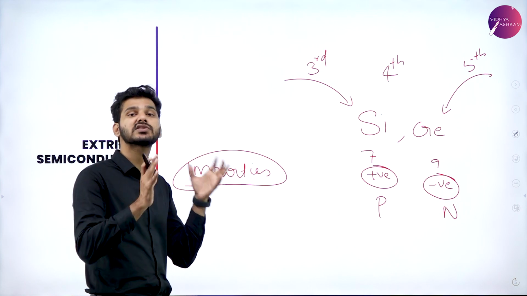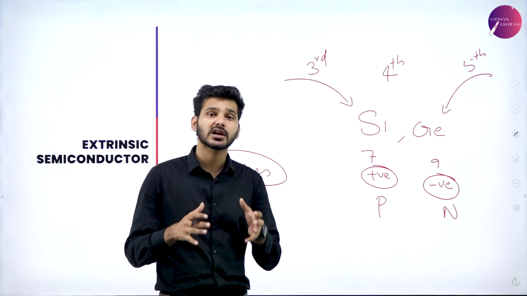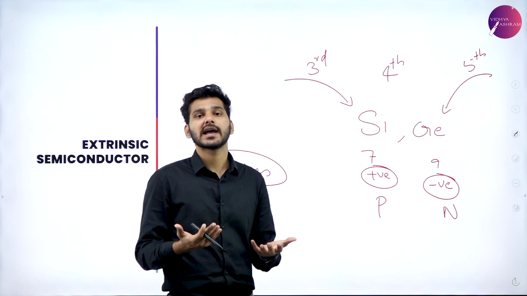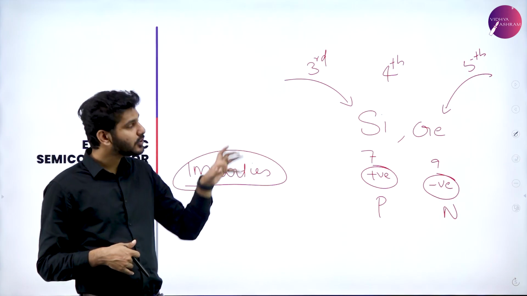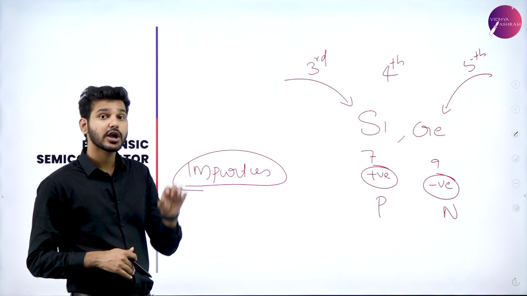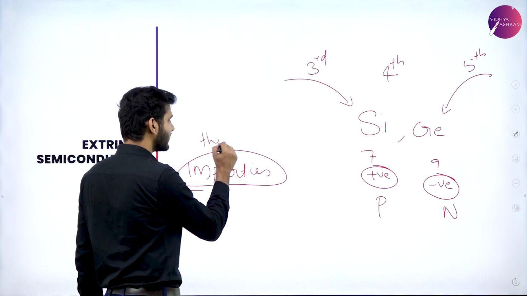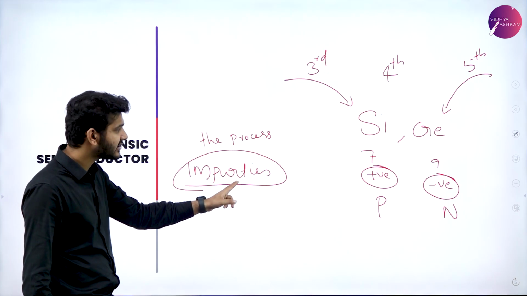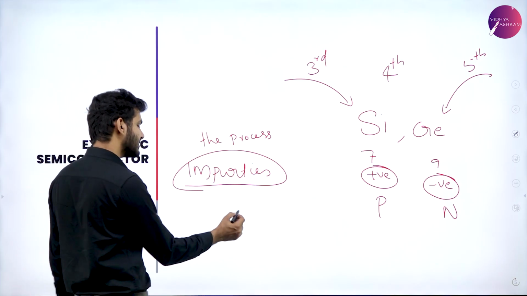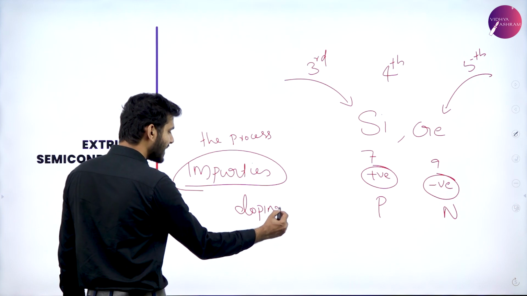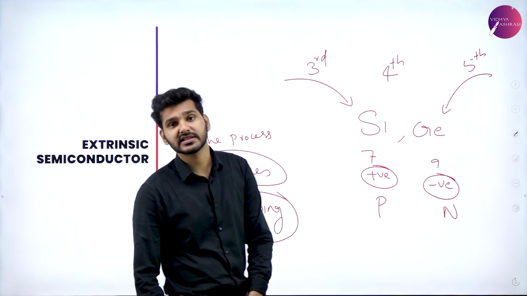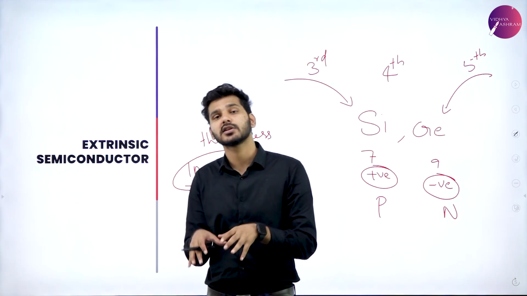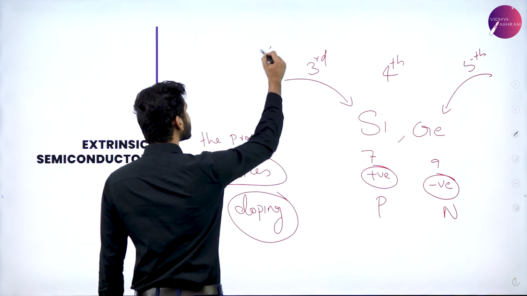But for now, what is an extrinsic semiconductor? Extrinsic semiconductors are semiconductors in which impurities are added so that we can modify their natural conductivity. The process of adding impurities to a semiconductor is known as doping, and the elements which are being added, for example third group or fifth group elements, are known as dopants.